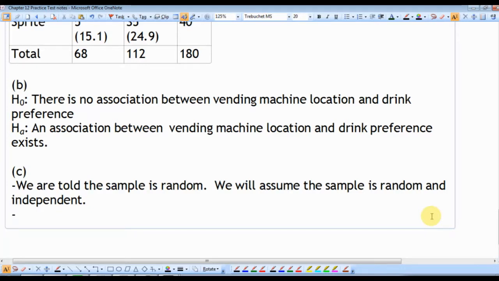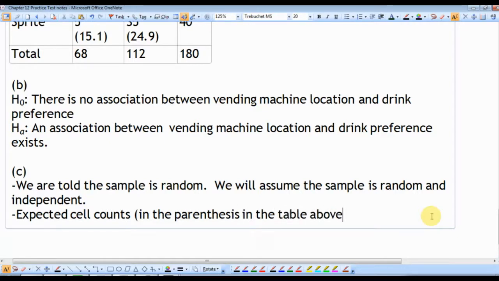The next one, all expected cell counts. So tell me where to look for the expected counts.